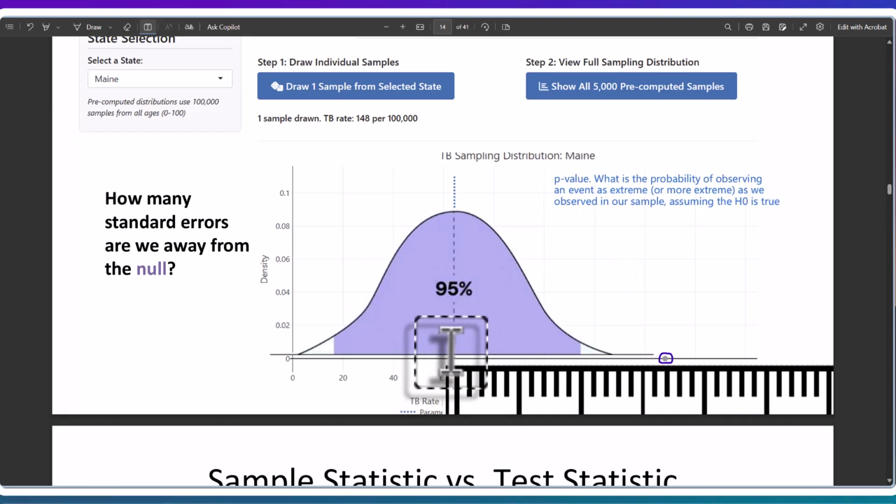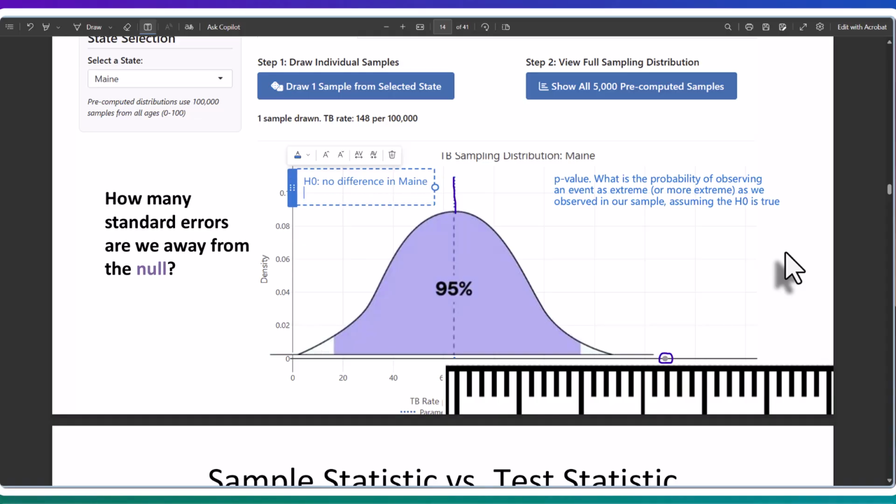Our assumption that the null hypothesis is true is why we put this sampling distribution centered at the parameter value, that there would be no difference. So our null hypothesis here is that there is no difference in Maine's prevalence compared to the national average.